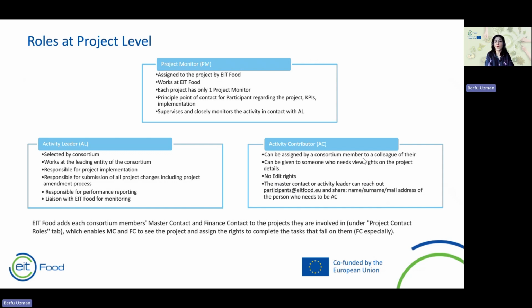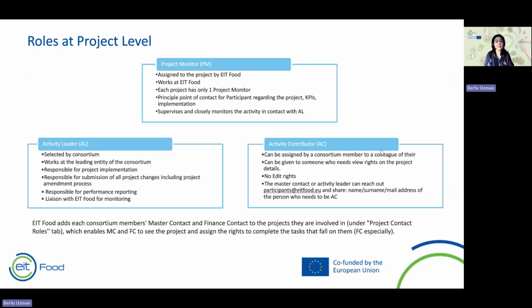When the time comes for reporting or amendment, we will have further recordings and webinars describing the details about the tasks. But for now, we know that the activity leader is the only responsible person for the project itself, and the liaison with EIT Food for monitoring as well.